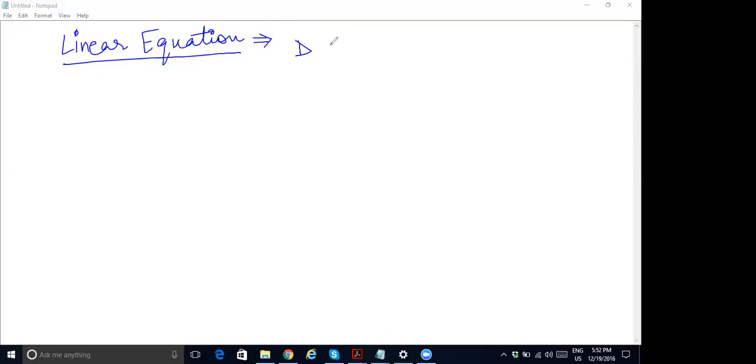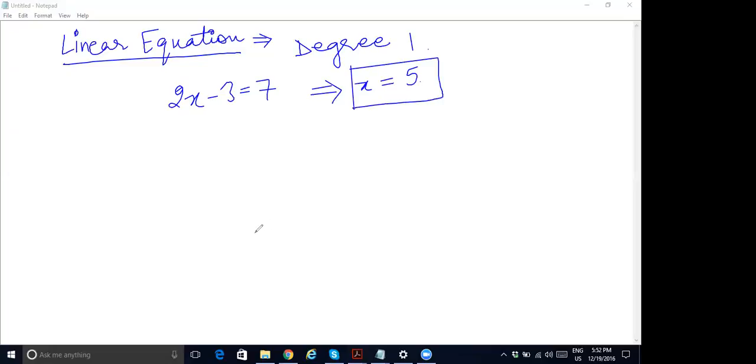A linear equation is a degree 1 equation, and quadratic is degree 2. Now, 2x minus 3 is equal to 7. You just found the answer as x is equal to 5. So you get only one solution, since the degree is 1, the only possible solution is 1.